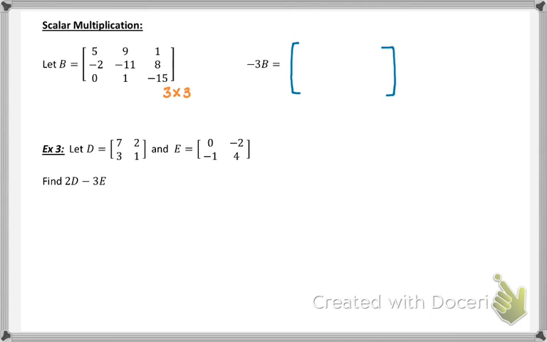And we're going to start with the first row, so -3 times 5, -15, -3 times 9, -27, -3 times 1, -3, and then second row, -3 times -2 is 6, and we have 33, -3 times 8, -24, third row, -3 times 0 is 0, -3 times 1, -3, -3 times -15, +45, and here is my new matrix, -3 times B. That's all.